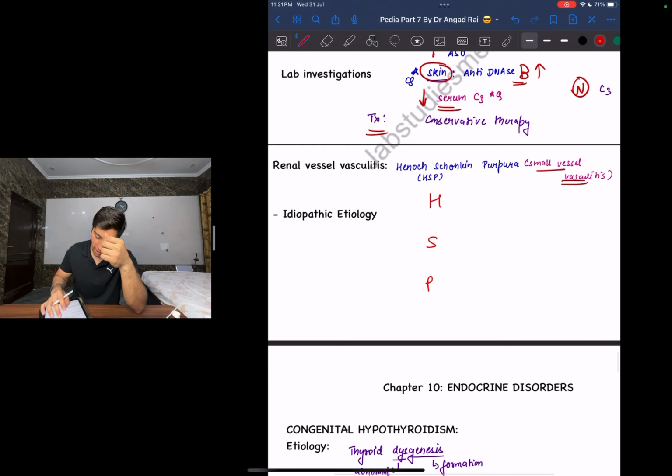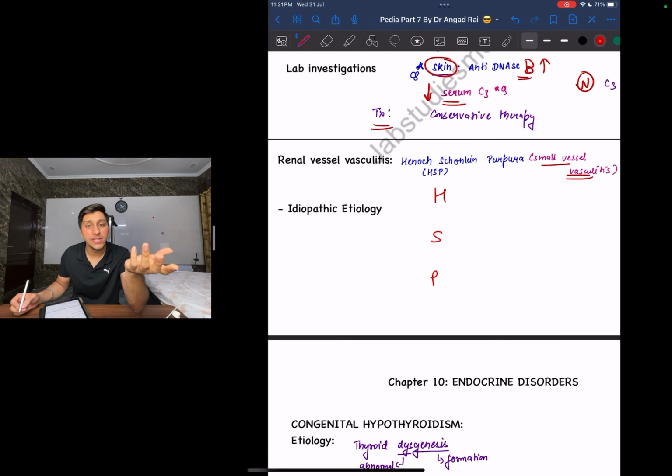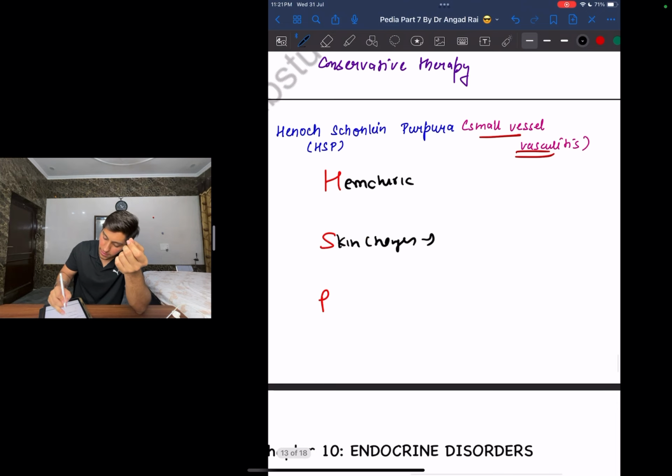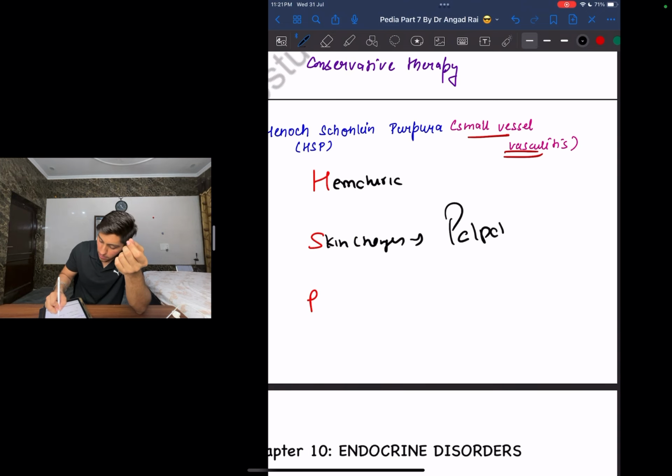How do you remember the features of Henoch-Schonlein purpura? That is what they ask. Remember it as HSP, Henoch-Schonlein purpura. The mnemonic is also HSP. H stands for hematuria. S stands for skin changes, that is going to be palpable purpura.